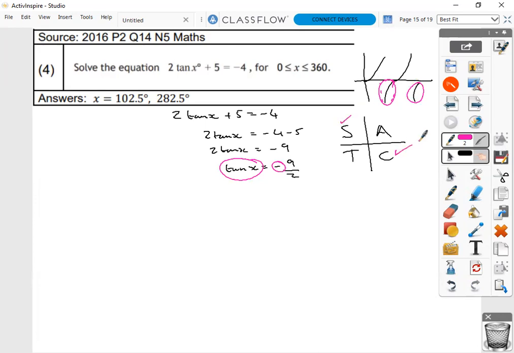So our answer is going to be again 180 minus x and 360 minus x quadrants. At this stage we've got a negative number. Where is that going to be negative? What quadrant?